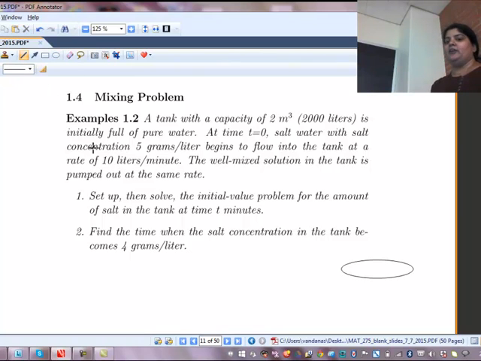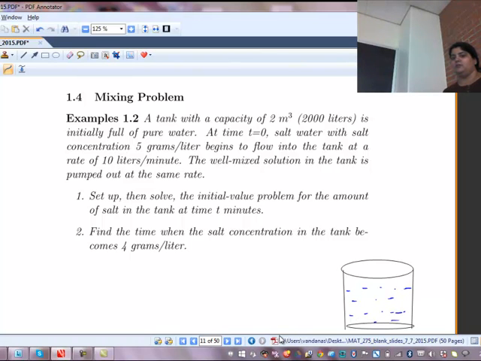So I will not even think about anything given here. I will just draw a tank. I want to see how a tank looks. Okay. And it's initially full of pure water, and its whole capacity is 2 meter cube volume.